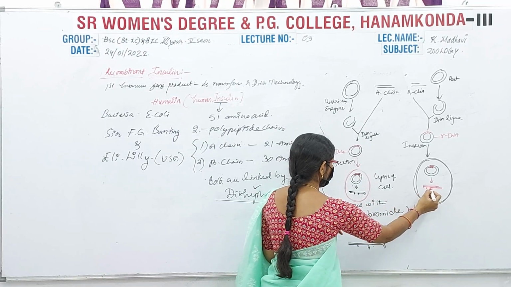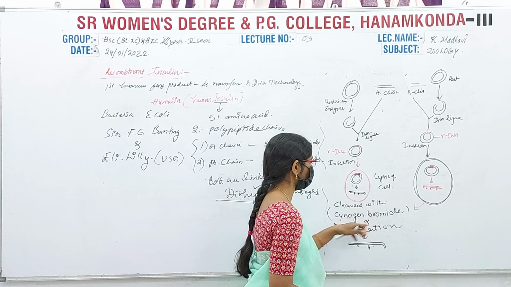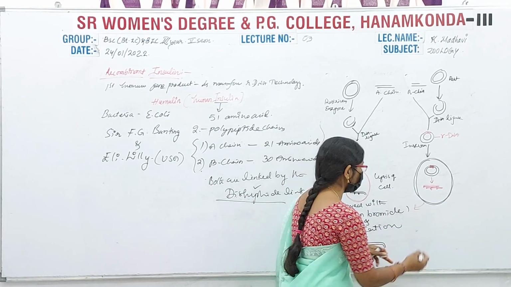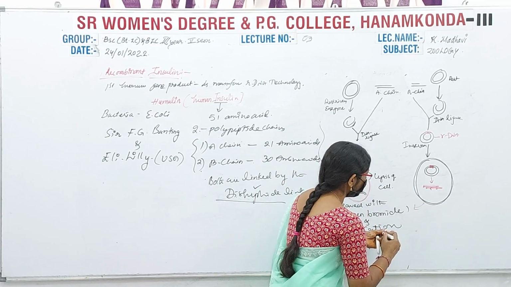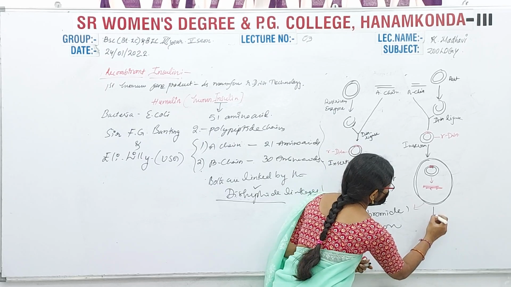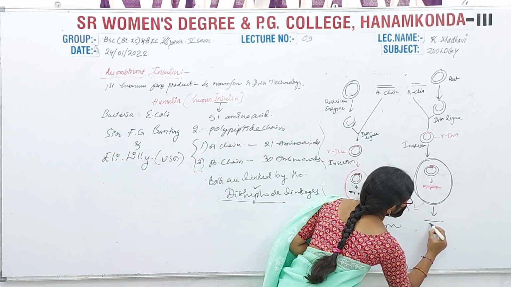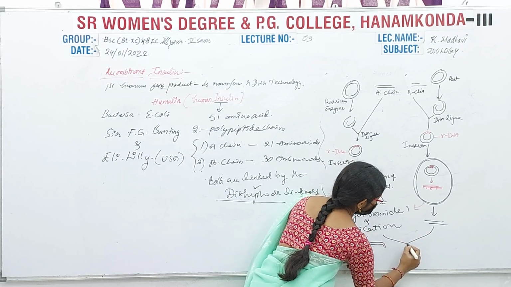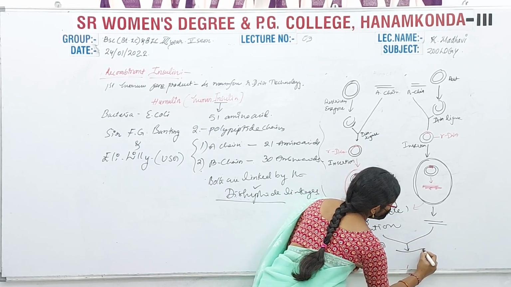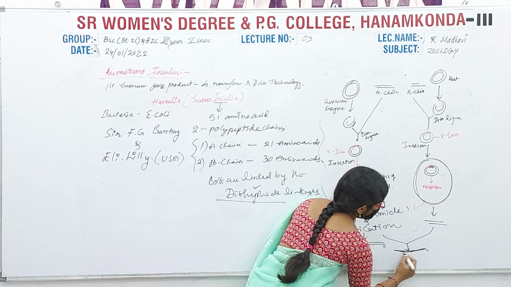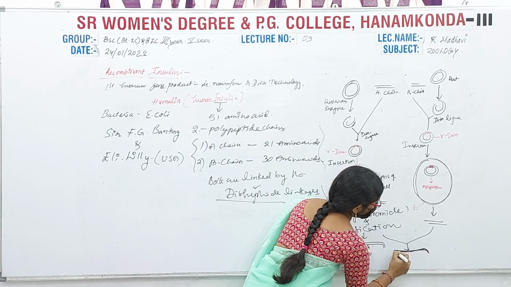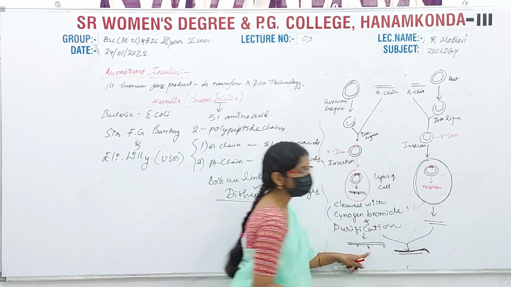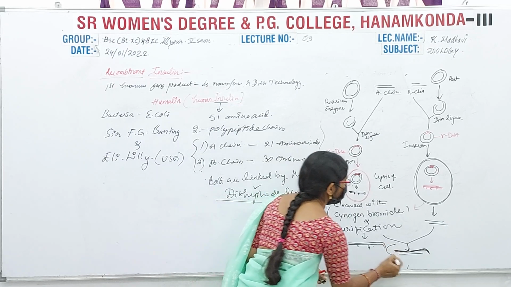This chain is treated with cyanogen bromide and purification occurs. Then we take the chains out of this process, and both chains are added to form the double chain. The double chain of insulin is ready. This is our final product.